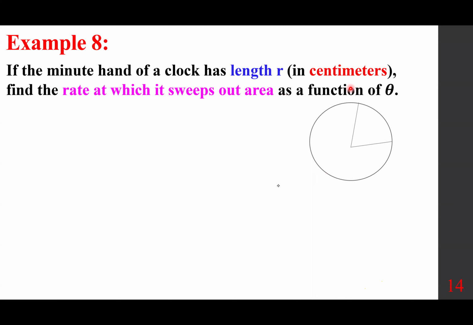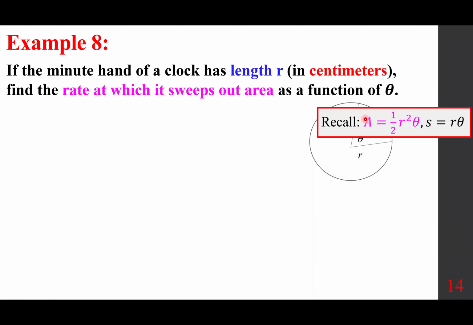So here's a circular shape, central angle theta, radius r. So this distance is called S equals r theta. This area is called area of a sector, half of r squared theta.